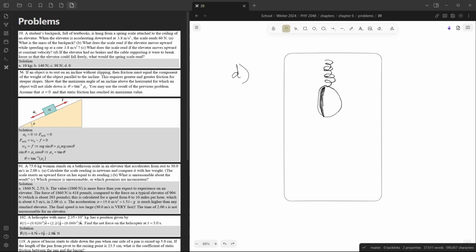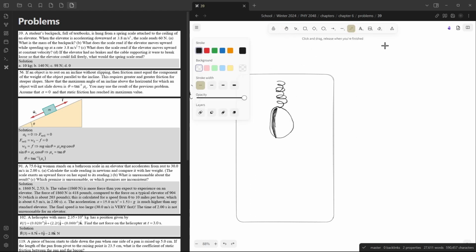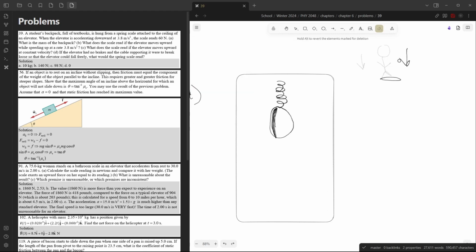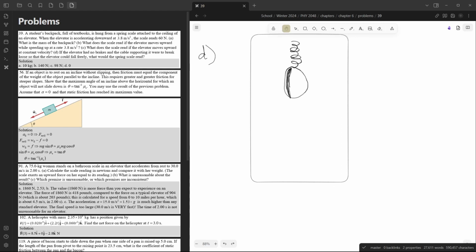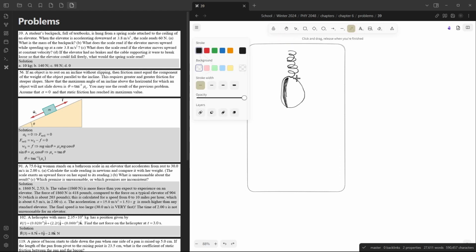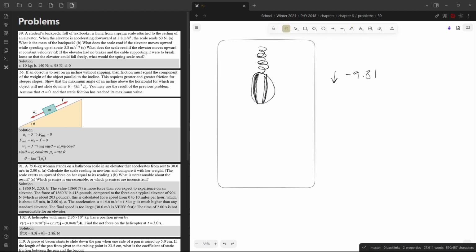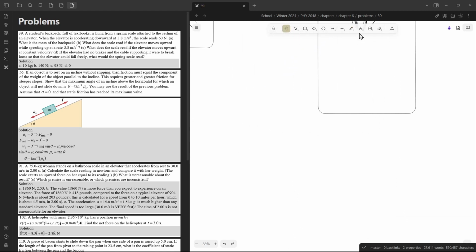If you're trying to measure the weight of something, and you're both falling as you're on the scale, it's not going to work. You can't even do that. So same thing here, I think. So negative 9.81. It's definitely not double the acceleration because that would not make much sense.